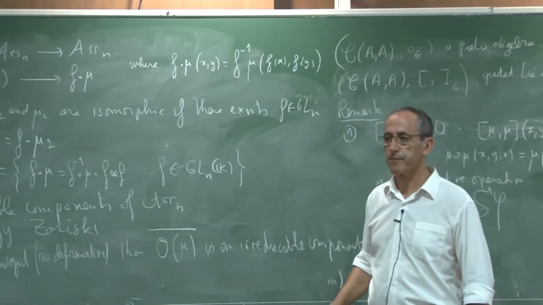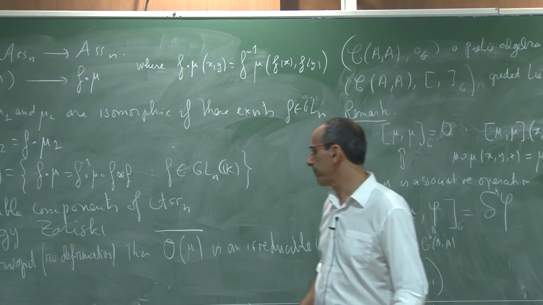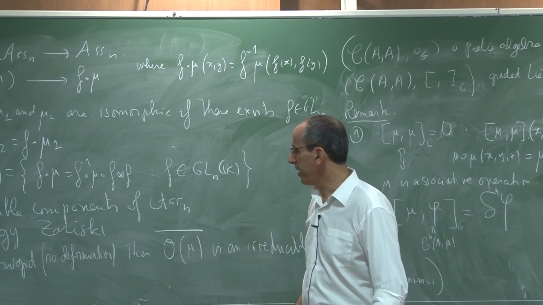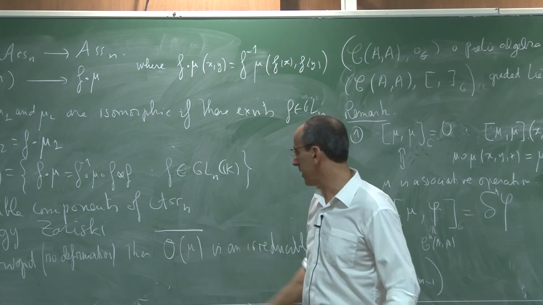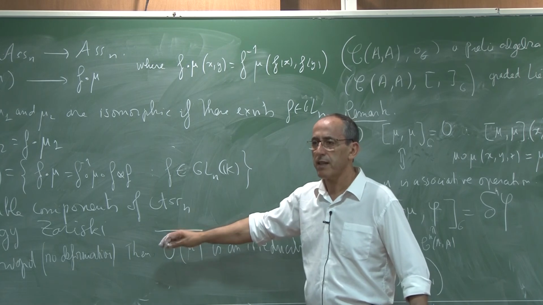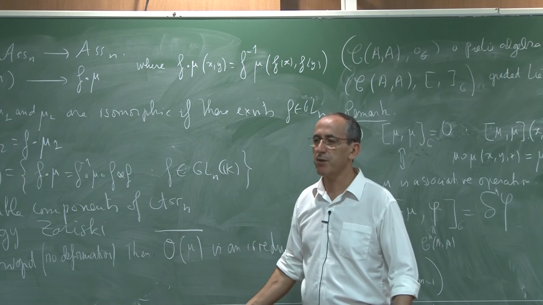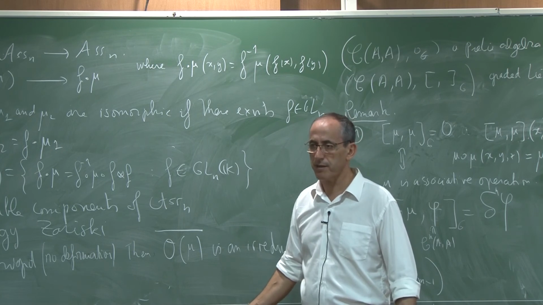Otherwise, this is one of the observations: the number of rigid algebras could minorate the number of irreducible components, for example.